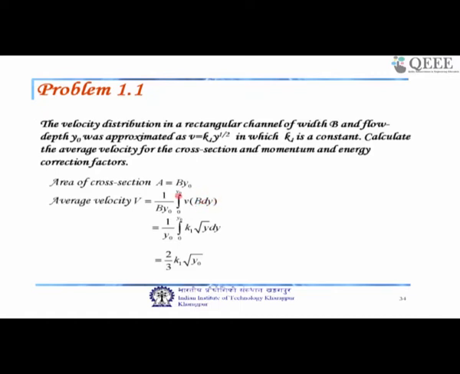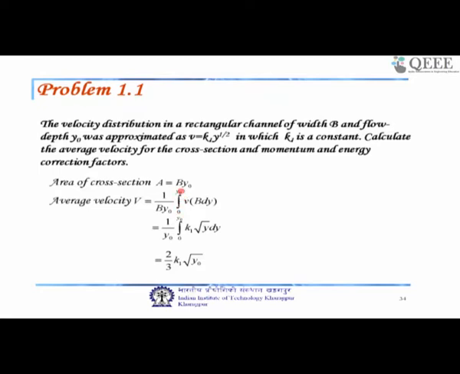In this case, single integration is sufficient because there is no variation in the width. So, the only variation is in terms of depth. So, we can vary the integration limits from 0 to y naught.